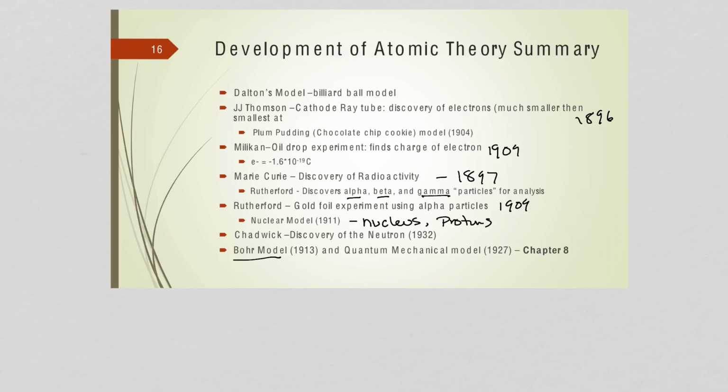Not too long after Rutherford's work, and then later Einstein and others' work on quantum mechanical models in the late 20s, early 1930s, gave us more insight on how the electrons exist within an atom. Now, we won't discuss these theories until much later on in the course, around Chapter 8, when we start delving a little more closely into the electrons.